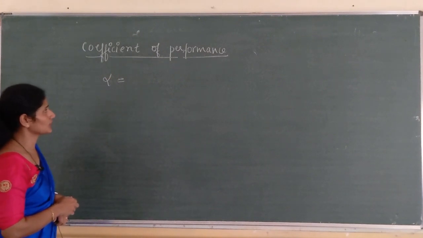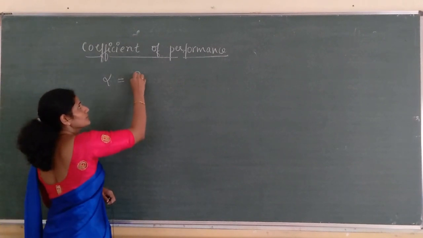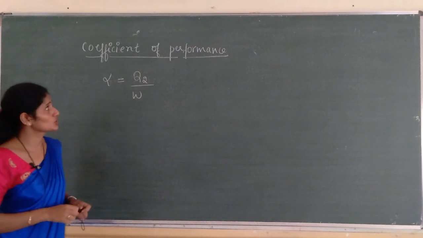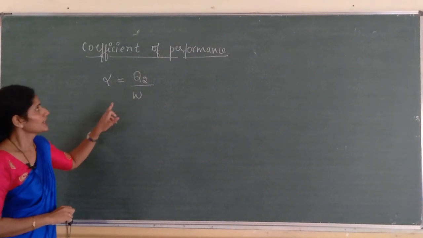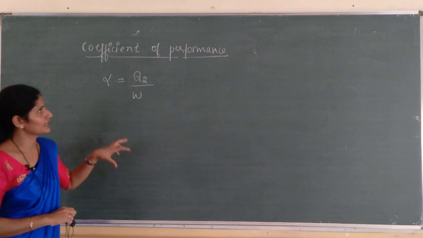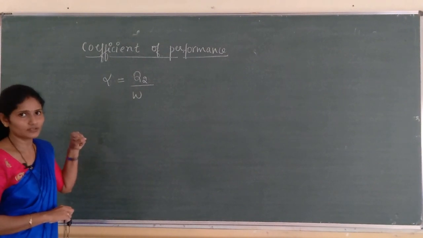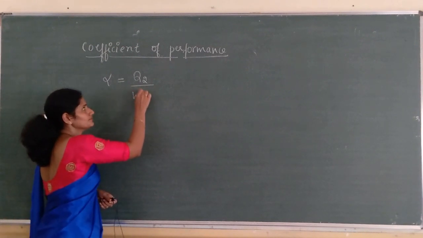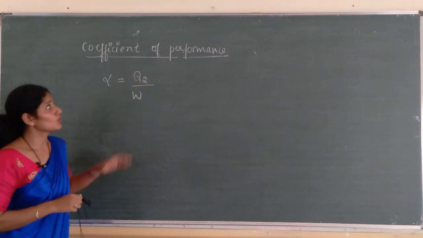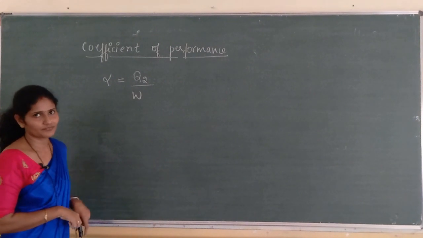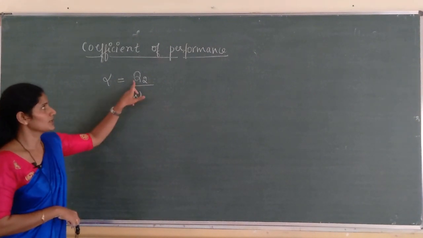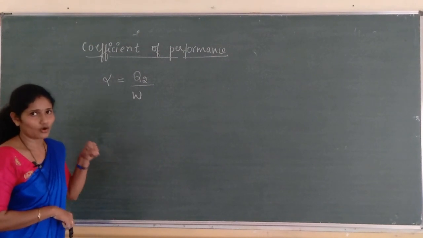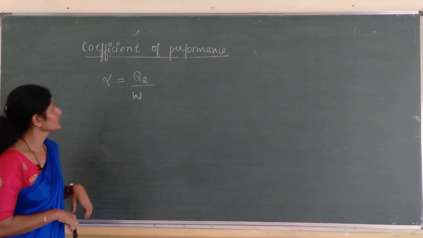So, alpha is equal to the ratio of Q2 and W. What is Q2? Q2 is the amount of heat energy absorbed from the sink, or from the cold reservoir. What is W? W is the work done on the system.